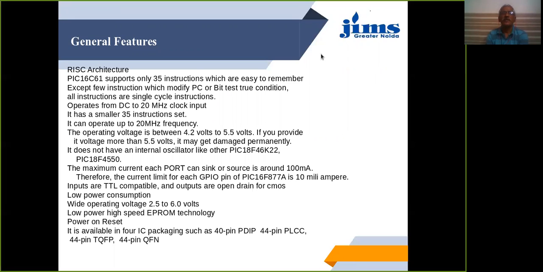PIC is basically a RISC type of architecture. RISC means a reduced instruction set computer. That means the set of instructions followed by the PIC architecture is very small.